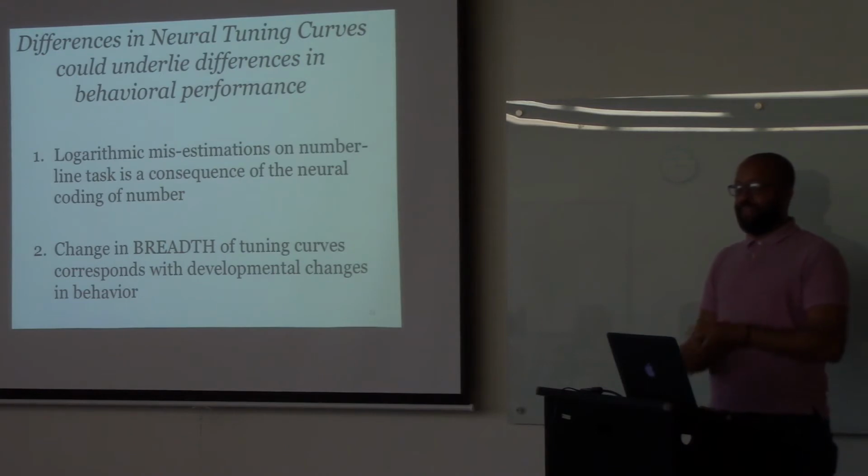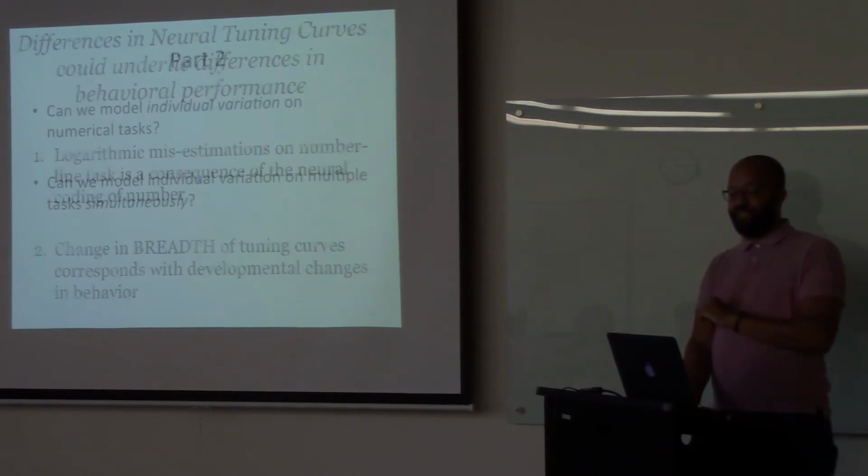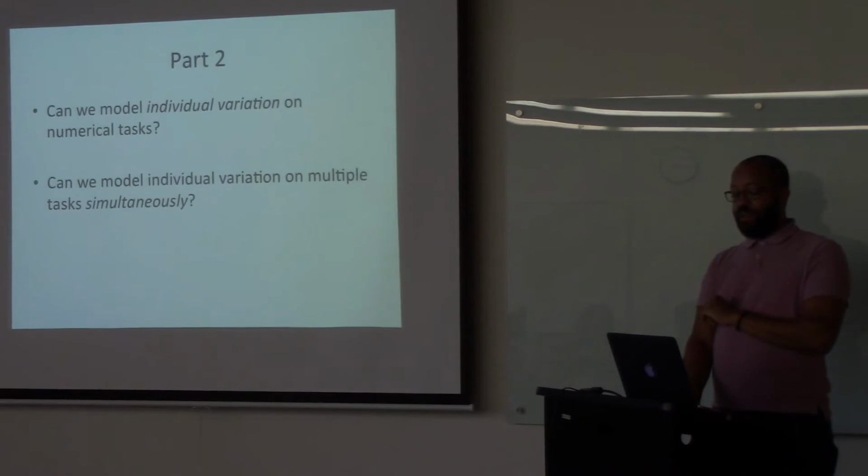Right? Now, what I did here, so the paper itself is just modeling data. It's also group data. So I'm talking about kindergartners in general, or first graders or adults. I'm not talking about individual variation between them. So what we kind of pivoted to do after that is to look more at individual variation.